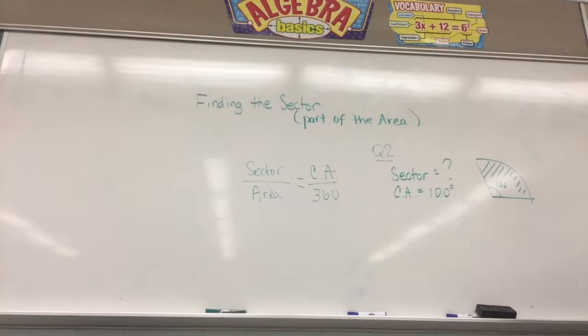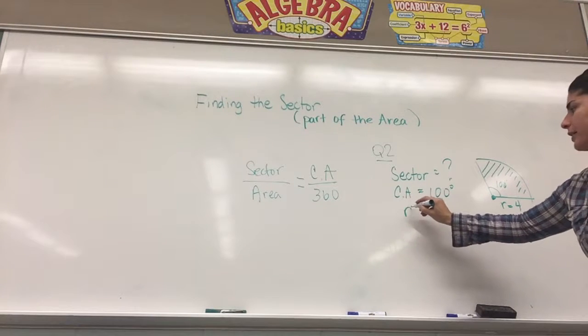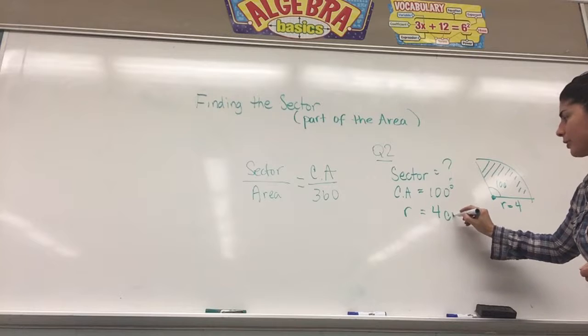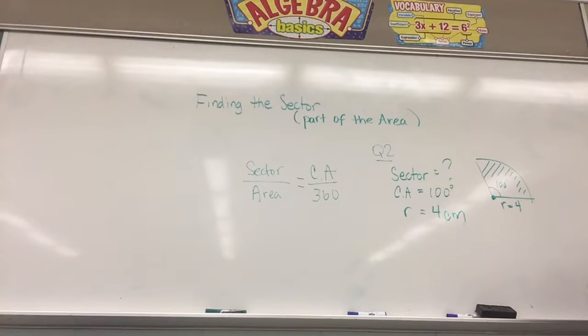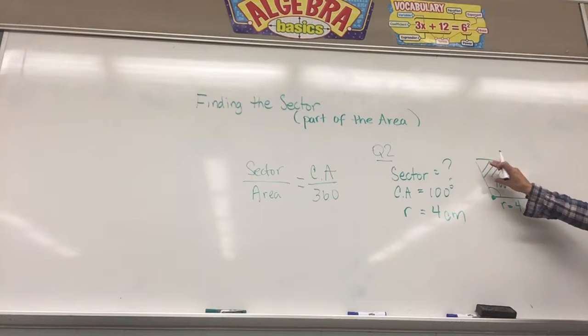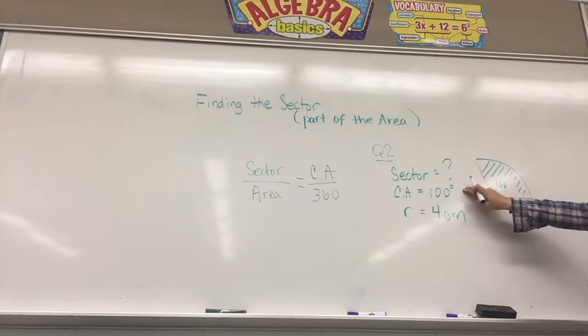The only piece of information I'm going to give you is the radius is 4. So radius equals 4 centimeters. Can you find the area of this piece, knowing central angle and radius?